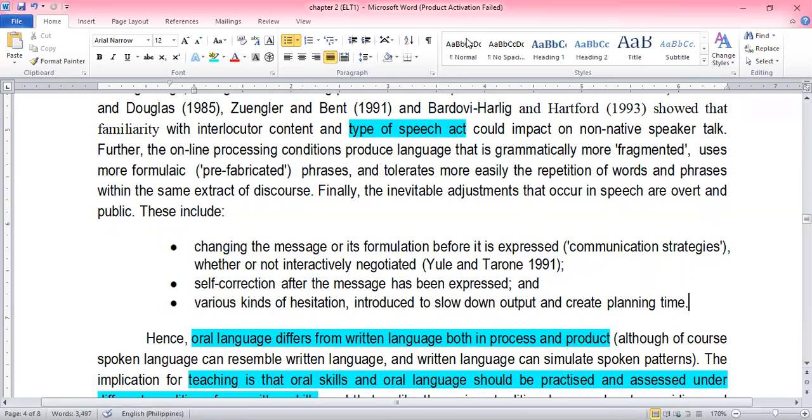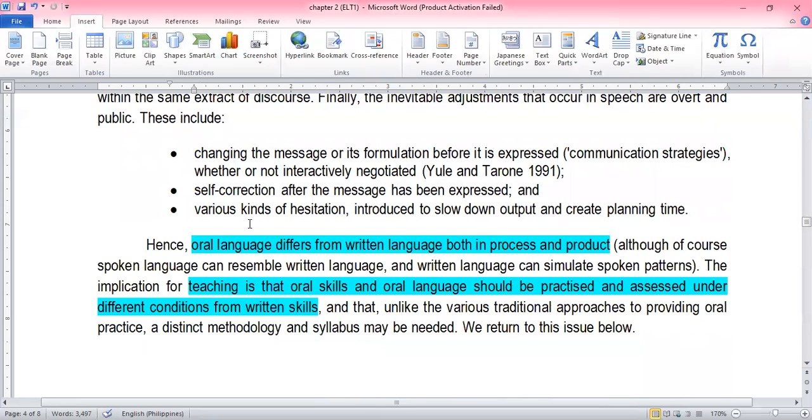Okay, so that's it. Now, oral language differs from written language both in process and products. They both include, yeah, the spoken language can resemble written language and written language can simulate spoken patterns, but the implication for teaching is that oral skills and oral language should be practiced and assessed under different conditions from written skills.